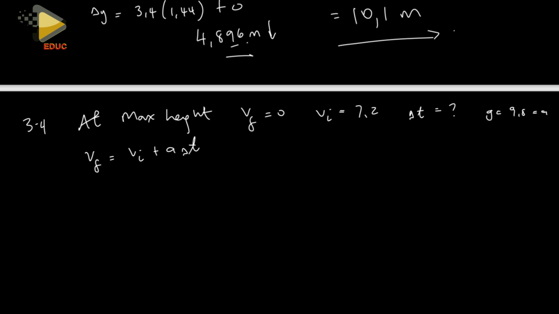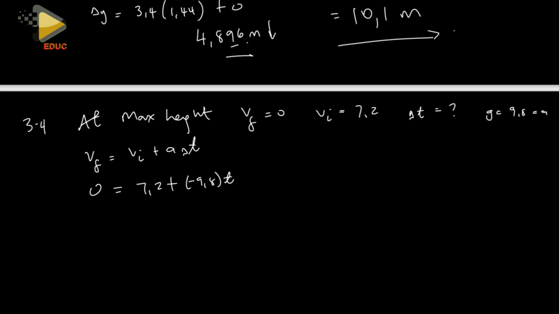Let's do a substitution. That's 0, V initial is 7,2. Plus, since the ball is moving now upwards, I'm going to take the a to be negative 9,8 multiplied by delta t.